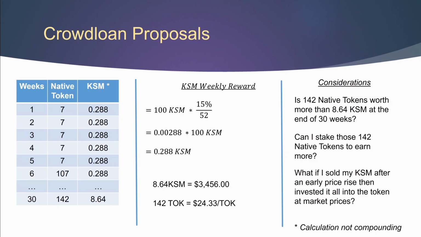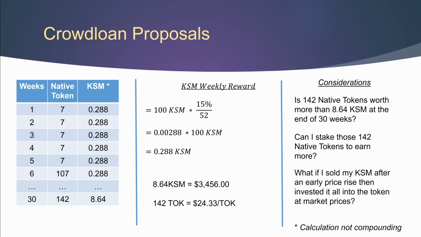So the difference is that if you were staking on chain, you would have 8.64 KSM after 30 weeks, in addition to your 100. And if you funded this crowd loan, you would have 142 of the native token after 30 weeks. So if we look at the value of 8.64 KSM, that might be, at the time of putting together this presentation, $3,456.